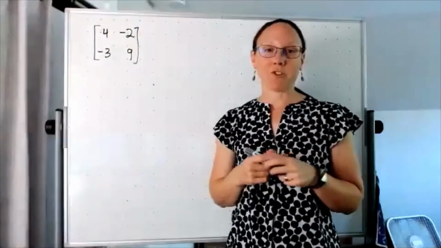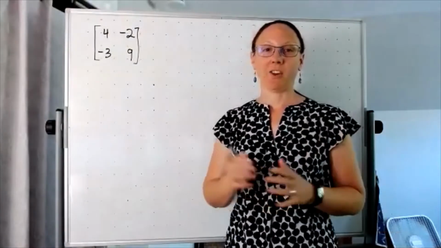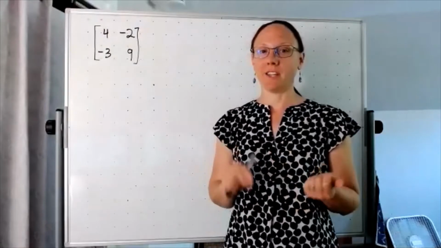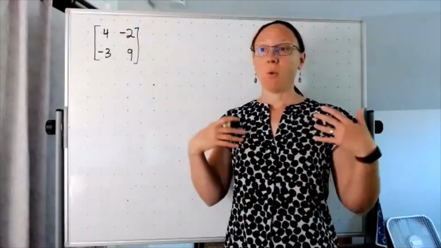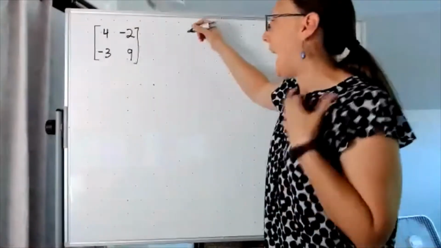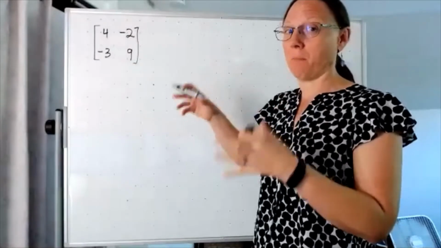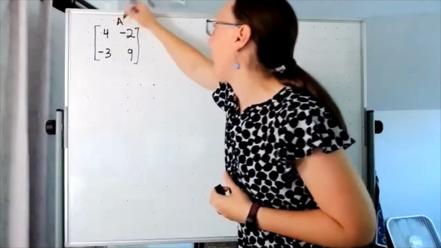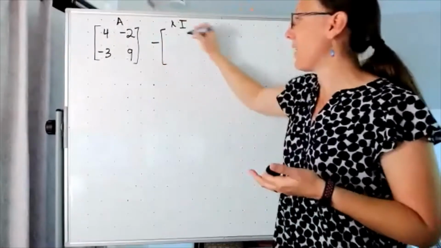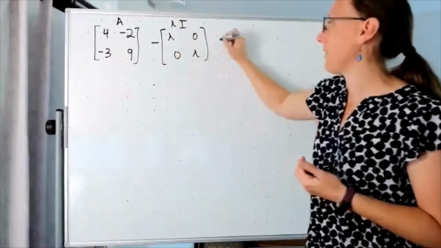So here's my starting matrix: 4, -2, -3, 9. And we're going to go ahead and find the eigenvalues first so that we can find the eigenvector. Because we end up doing this a lot, I think it's faster to just go ahead and build the matrix that looks like A minus lambda I. So that lambda I matrix has lambdas on the diagonal and zeros on the off diagonal.